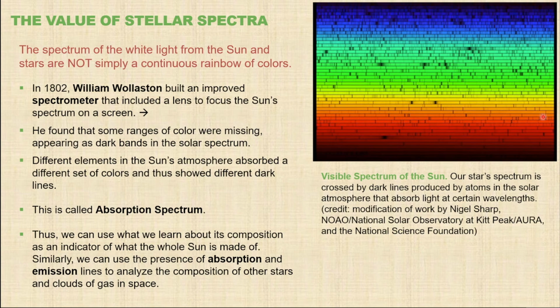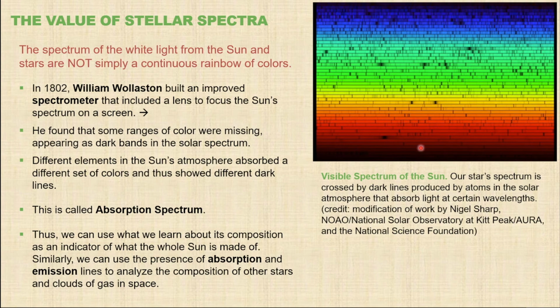Each element would absorb only one specific wavelength of light. So for example, for these vertical lines here, if it's carbon, carbon would absorb a specific wavelength of that spectrum. If it's oxygen, oxygen would absorb only a specific part of the spectrum. And when elements absorb that wavelength, it's like eating up that part of the color, and it's dark.